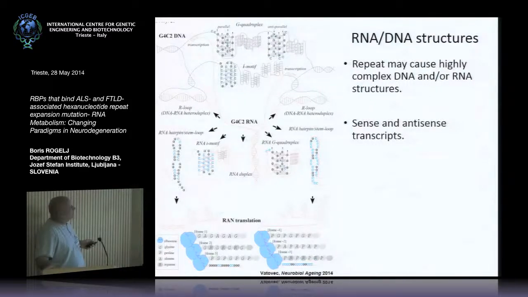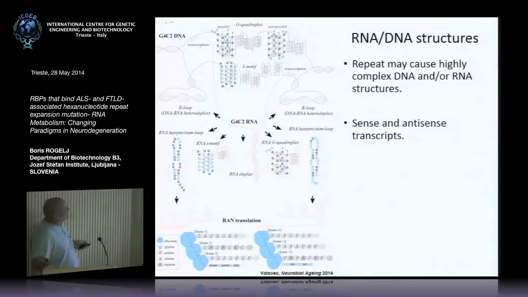This hasn't been shown, obviously, for the G4C2 repeat, but there are indications that stretches of Cs in DNA can form I motifs. There was recently a publication on the formation of R loops, so the heteroduplex of DNA and RNA.